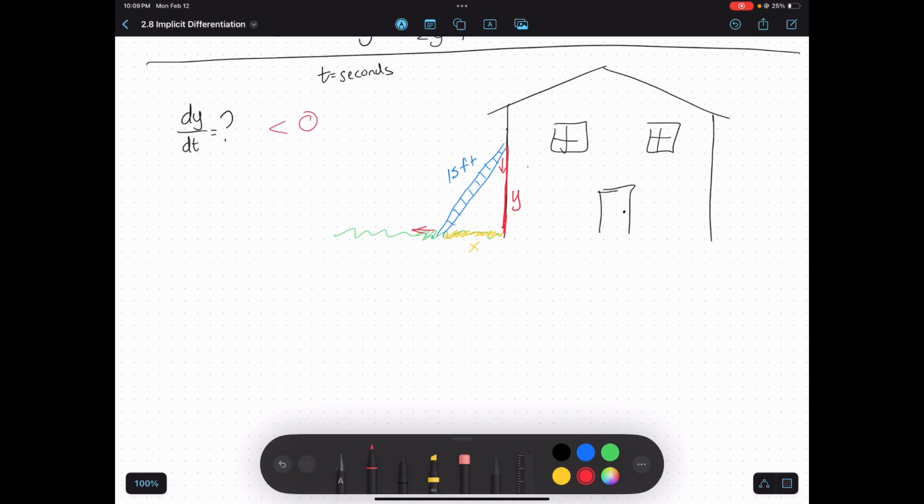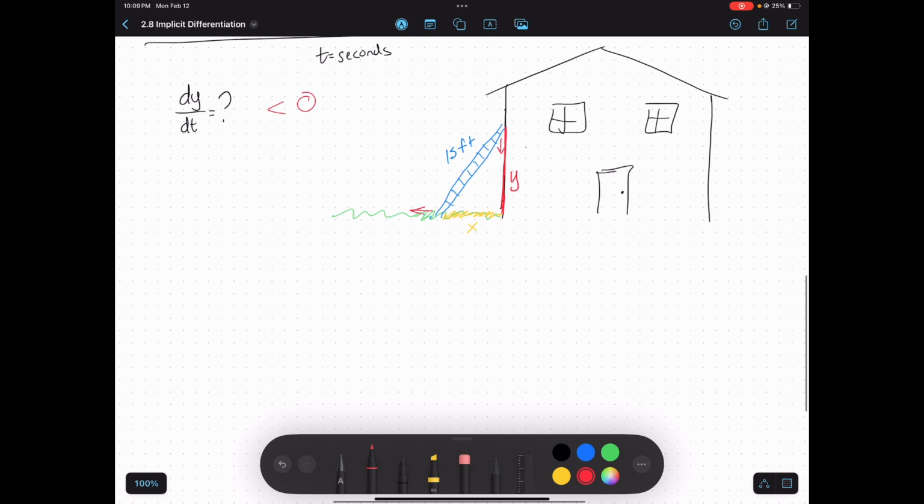This is an interesting question, though, because, well, if I'm taking a derivative, I need an equation to take a derivative of, right? I don't really have an equation. The closest thing I have to an equation is, what type of triangle am I working with here? This is a right triangle. So I could use Pythagorean theorem to write this equation.